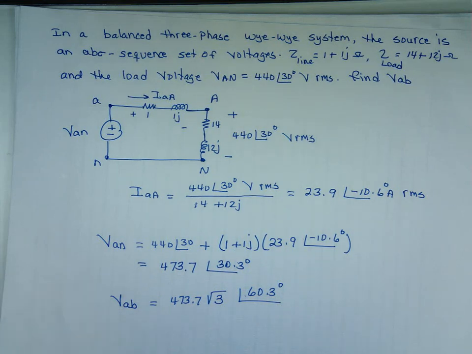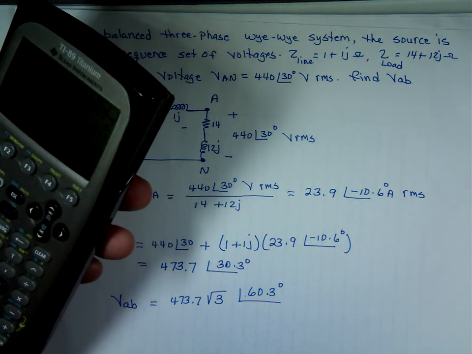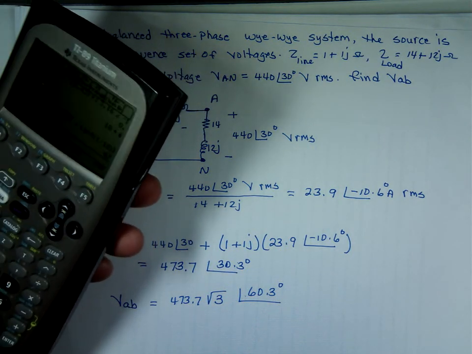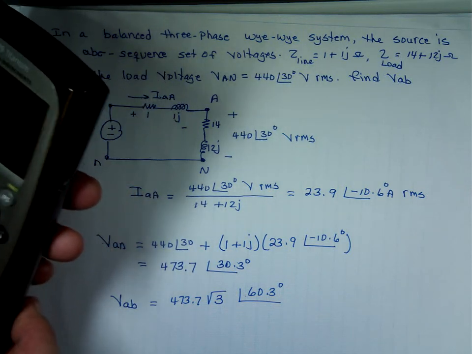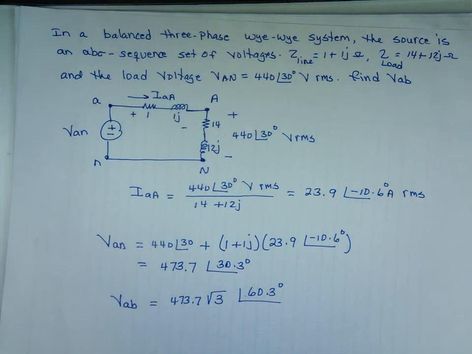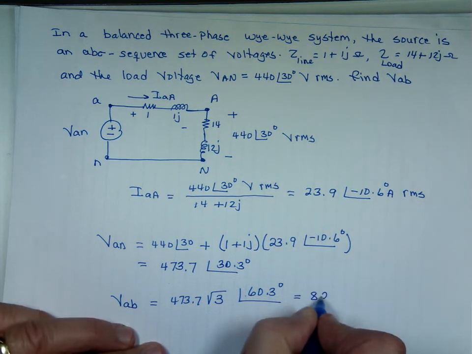Let's see what the calculator said. 473 times the square root of 3. Where's the square root here? Oh, God. Can't see it in the dark. 1.732. That's the square root of 3. I know that. So roughly 820.